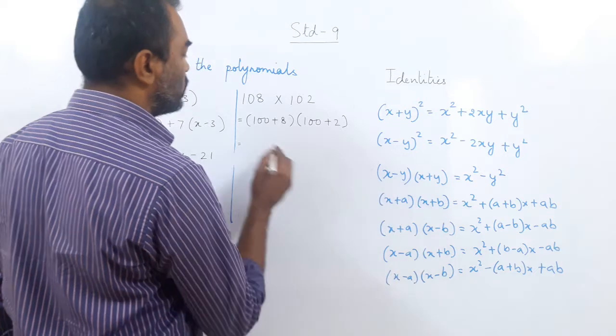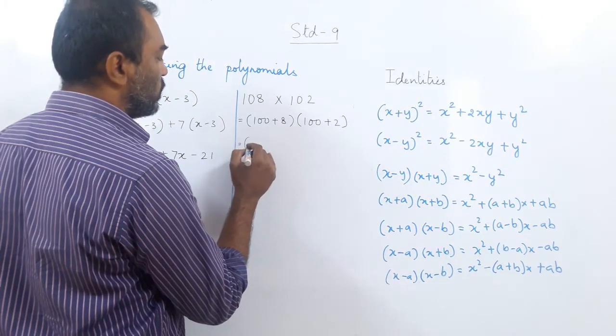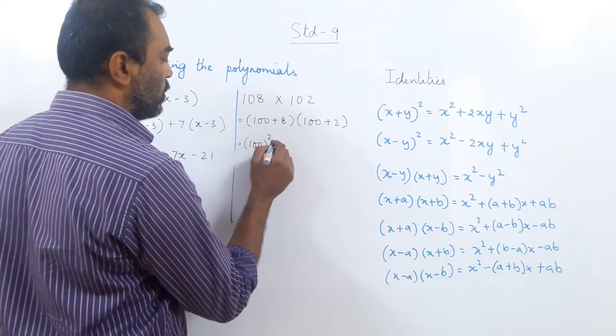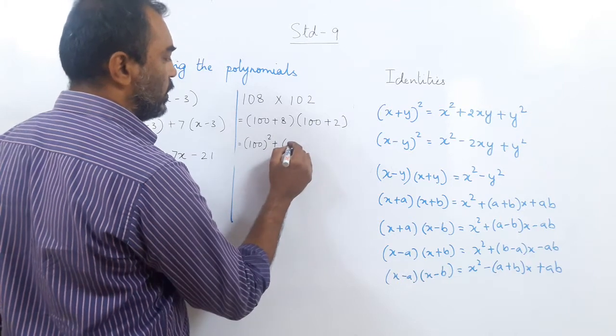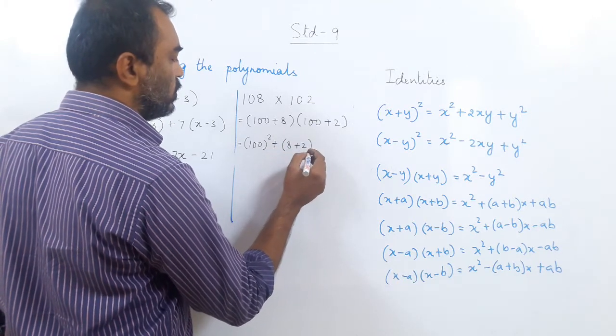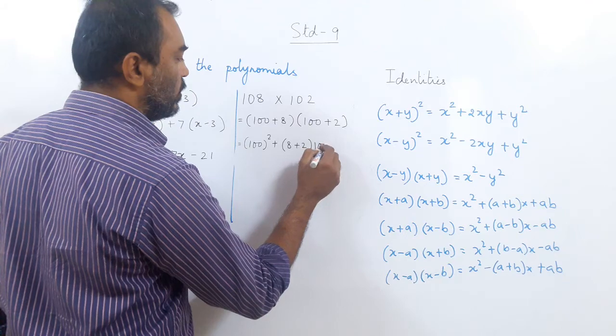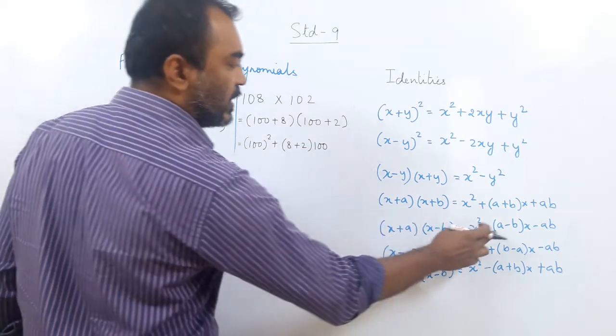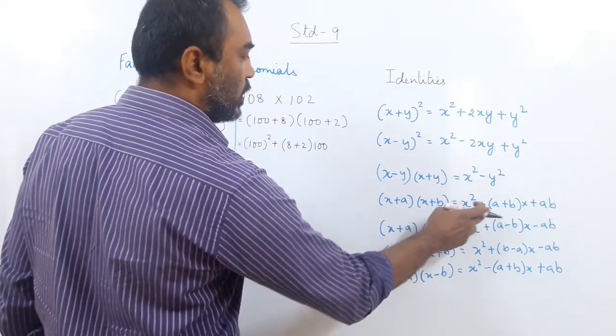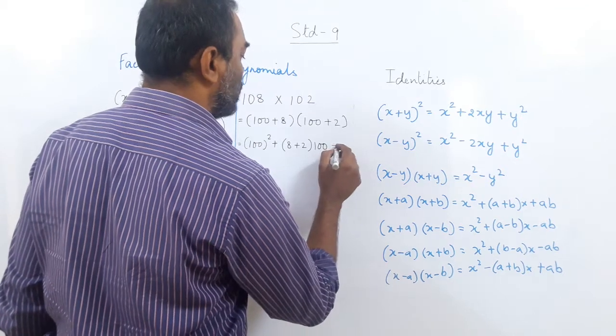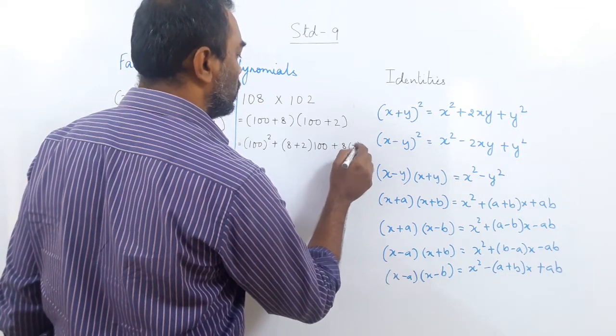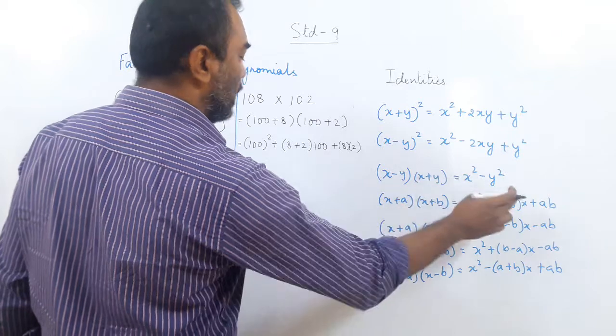So x plus a into x plus b should give me 100 square plus 8 plus 2 into 100. Why? Because our x is 100. Can you see the x is 100? So 100 square plus 8 plus 2 into 100 plus 8 into 2. We have to multiply these two in the end, ab.